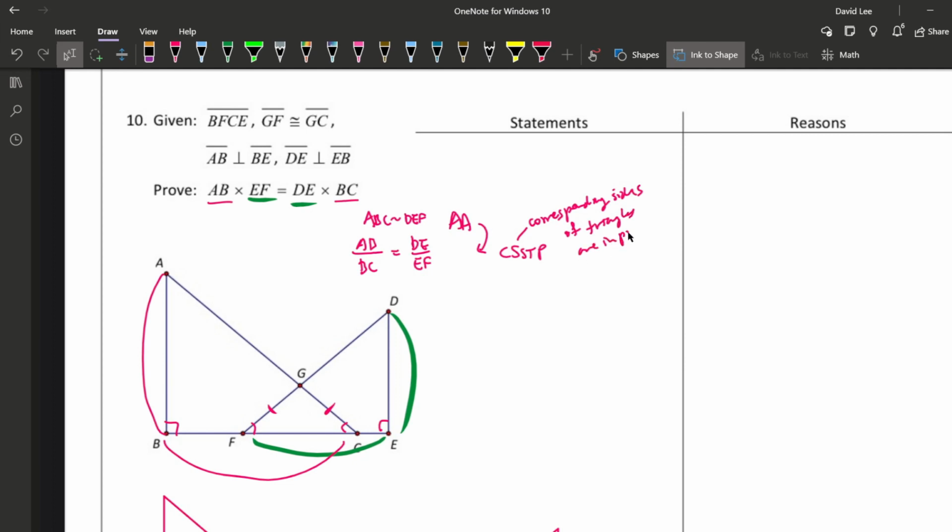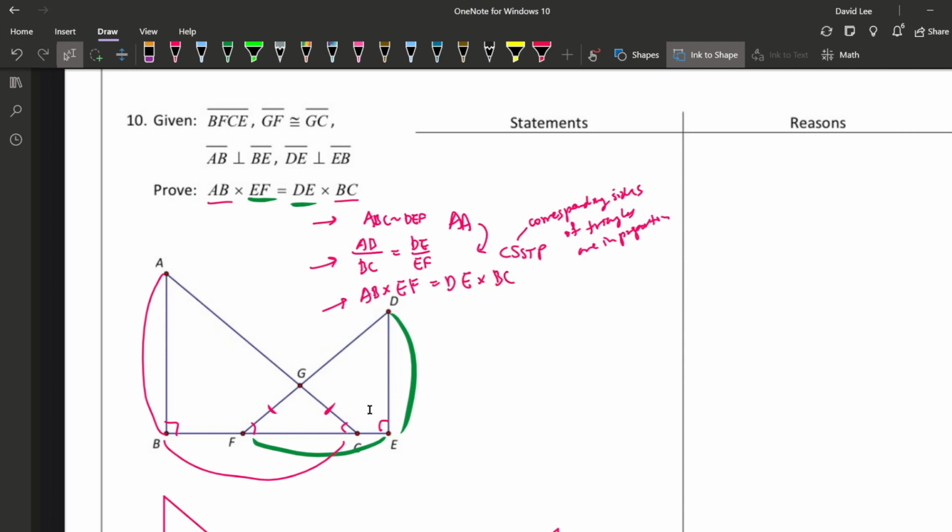Okay, and then we're not done yet. Sometimes they ask for this fraction equals this fraction, but sometimes they ask for this something times this something. So once you have two triangles are similar, and then you have sides in proportion, the next step is whatever they're asking you. As long as you can get two angles, this is a pretty free proof.